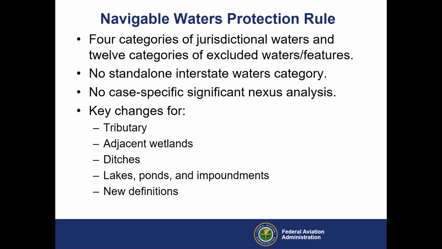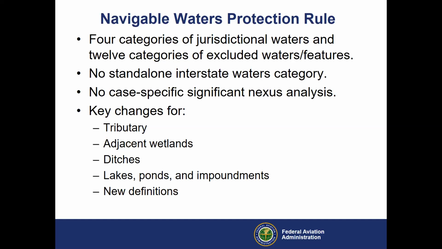At that time, Rapanos was saying, well, we need to determine, is there a significant nexus between these two waters of the United States? You might be looking at some sort of chemical assessment or subsurface connection. But now with the new Navigable Waters Protection Rule, these determinations are no longer required and provide clarity to waters of the United States.